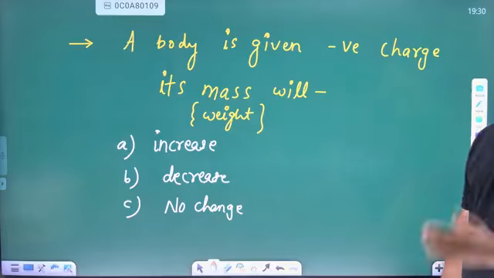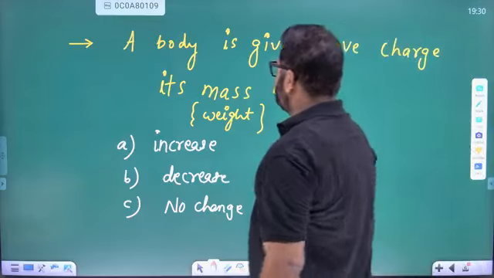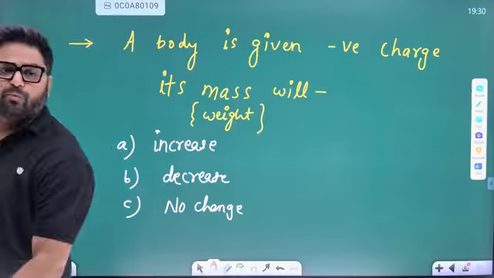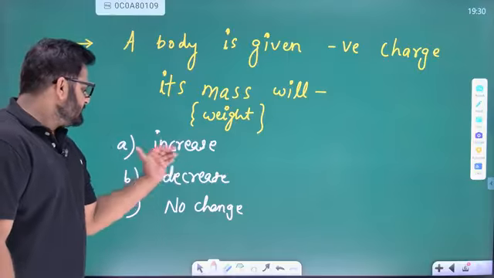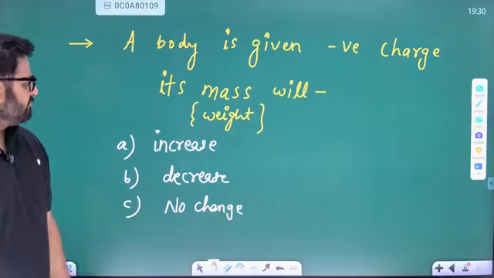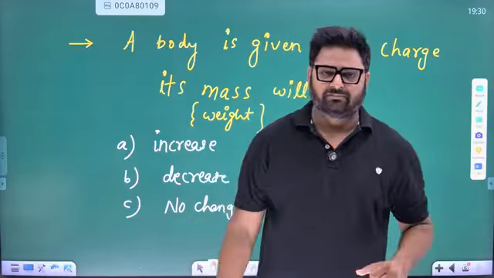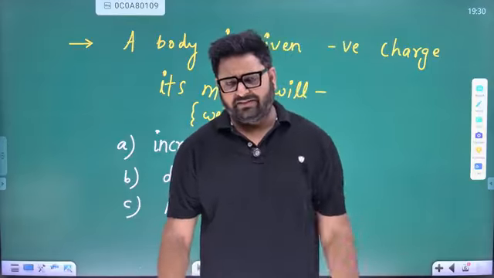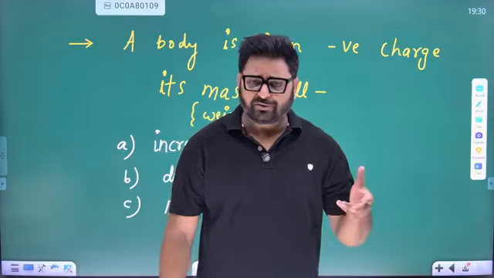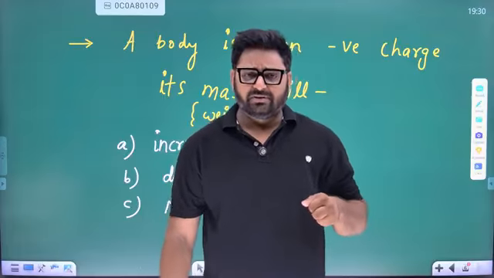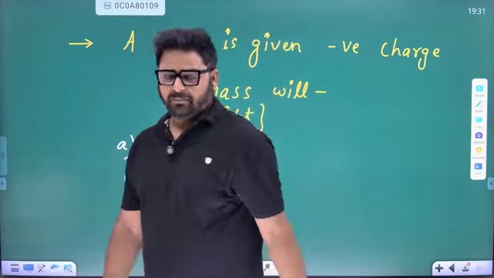What will be the answer? A body is given negative charge, its mass will, or its weight will. What will happen? Increase, decrease, or no change? If a body is given negative charge, what are we exactly doing? We are giving electrons. Just think.